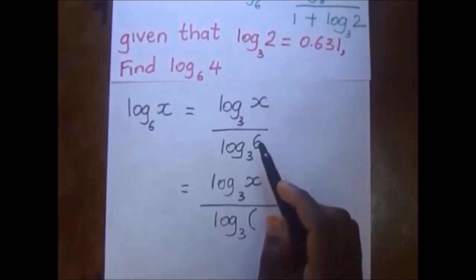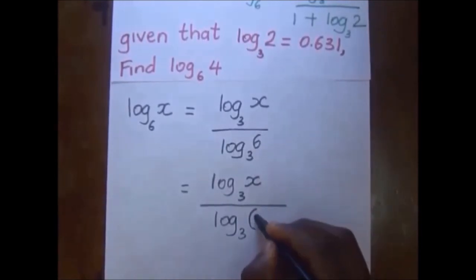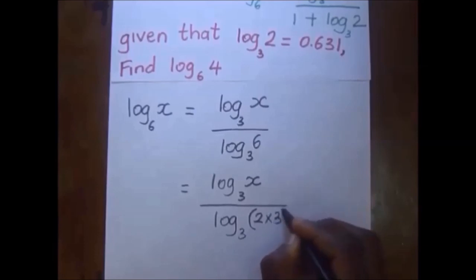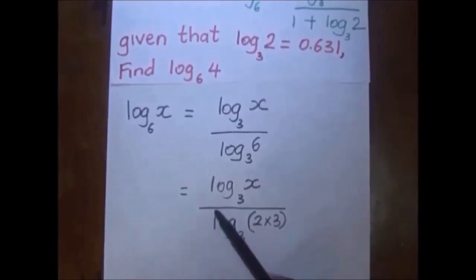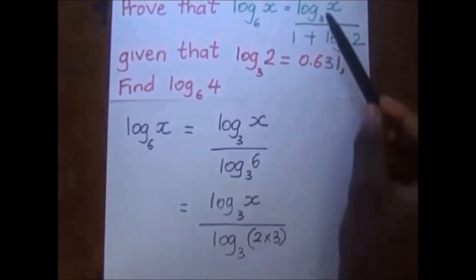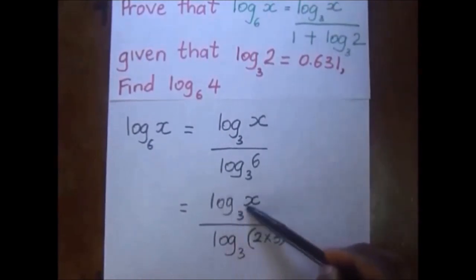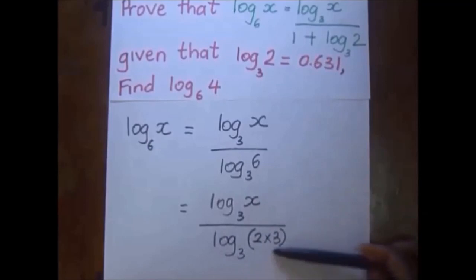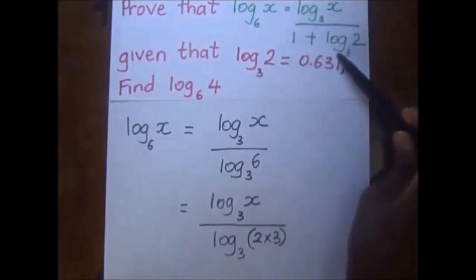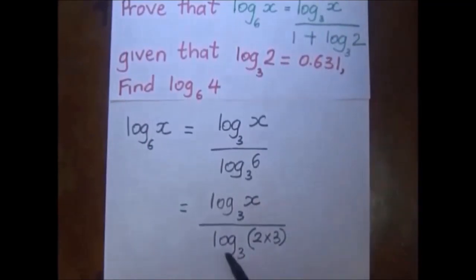That's going to become log of x base 3, divided by log of 6 base 3. Now 6 is going to be the same as 2 times 3. Remember, in whatever we are supposed to prove here, we already have this upper component, log of x base 3. So now we are supposed to manipulate this to come up with that, and we will have our answer.